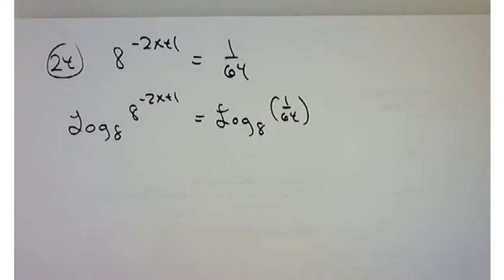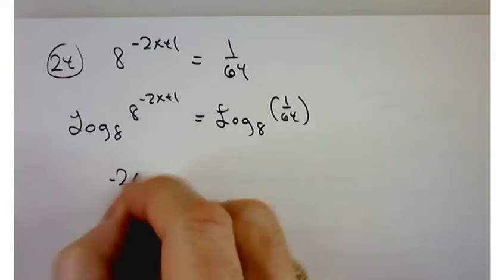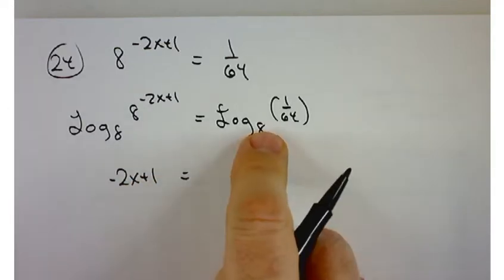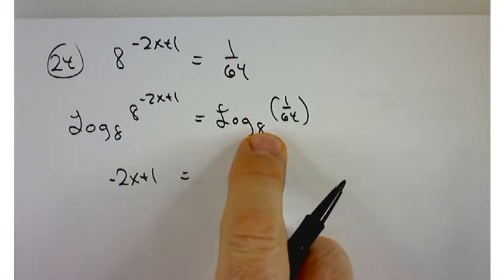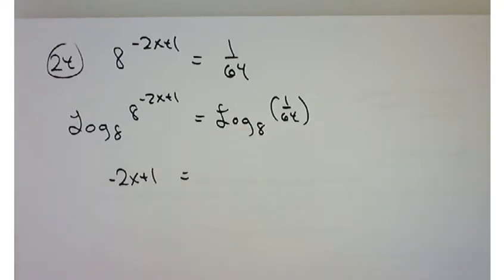Okay, that's a good start. Then what? All right, on the left-hand side, you get negative 2x plus 1. On the right-hand side, see if you can use your calculator or maybe just think through to figure out what log base 8 of 1 over 64 would be.